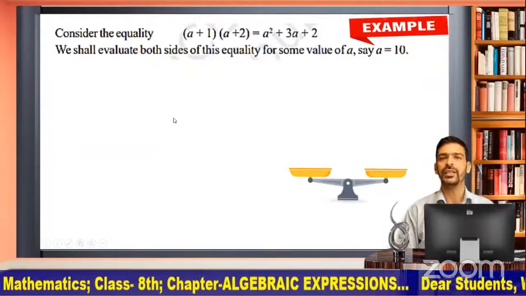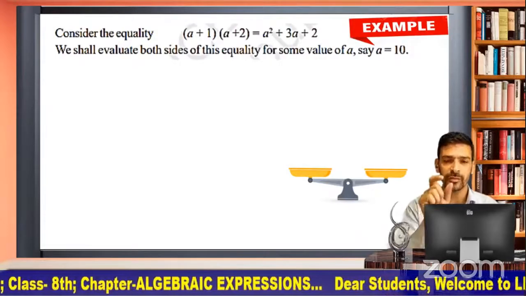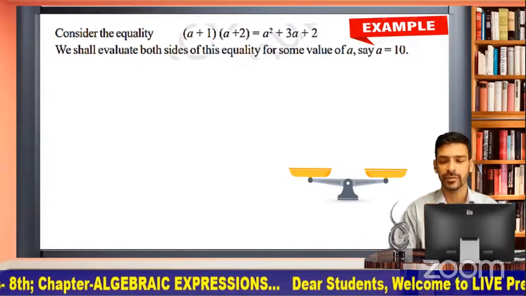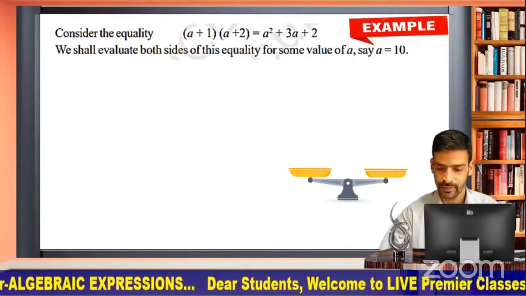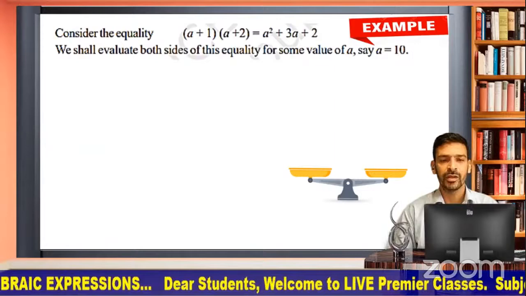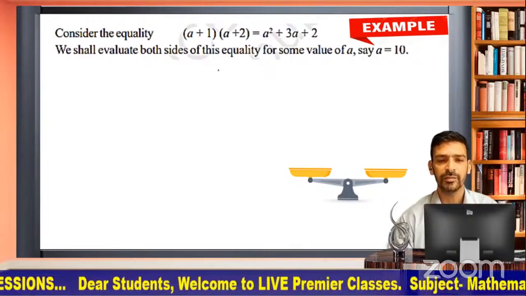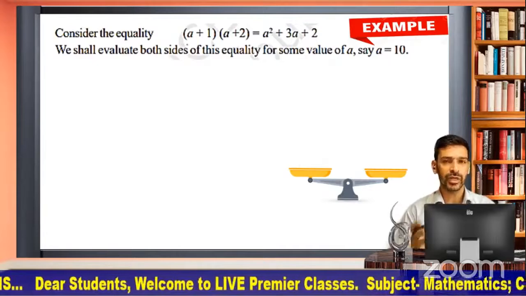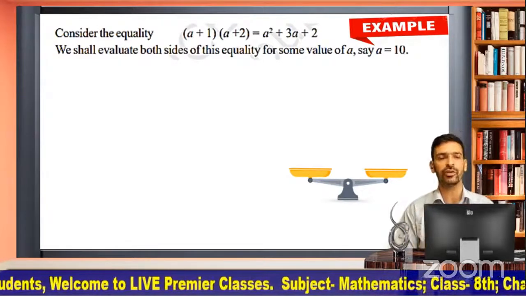We have an equality here. We have taken this as an example. Let us learn from a simple example and later we will generalize. We have an equality here that is a plus 1 multiplied by a plus 2. Dear students, we have already learned about binomials. We have learned about product of binomials.